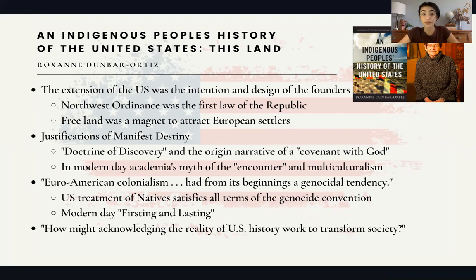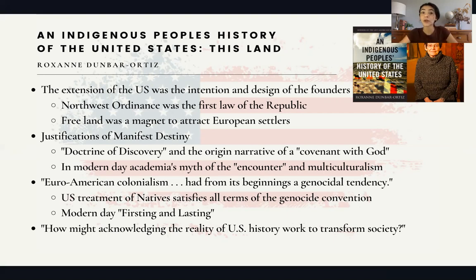And she points to the fact that the Northwest Ordinance, which allowed them to begin settlement beyond the Appalachians and set out the procedure for colonization and bringing new territories into statehood, that was the very first law of the Republic upon independence. And she also describes how free land was used as a magnet to attract European settlers, and of course, a specific type of settler, only white Europeans, to come to the United States and begin settlement.